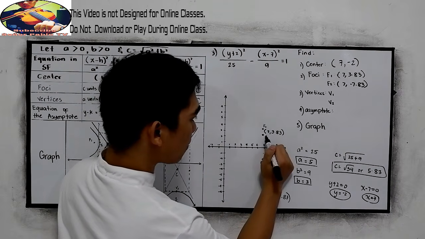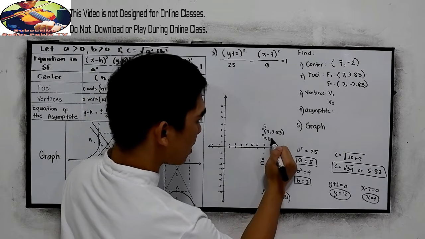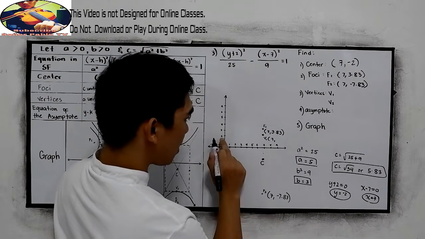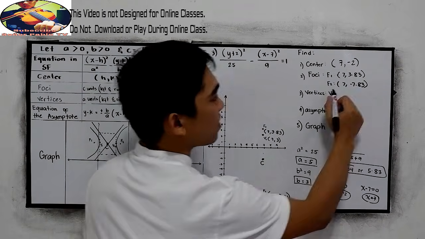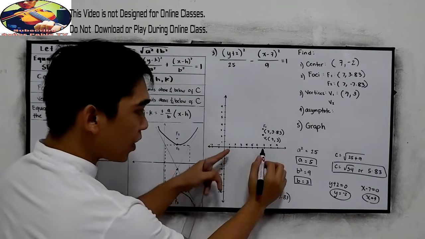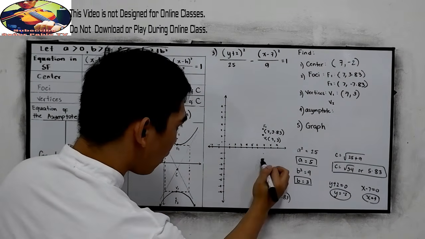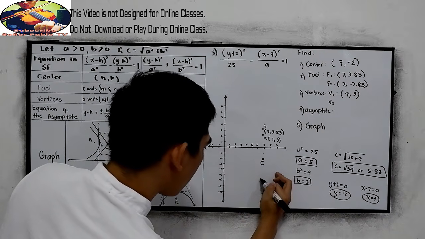So let's say this is our vertex 1. The coordinates is 7, and that is exactly 3. Let us write here 7, then 3. And the other one, 5 units below. So 1, 2, 3, 4, 5.